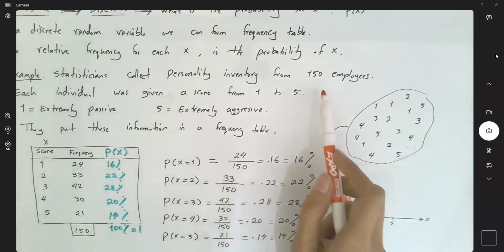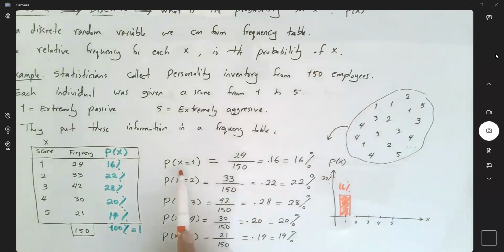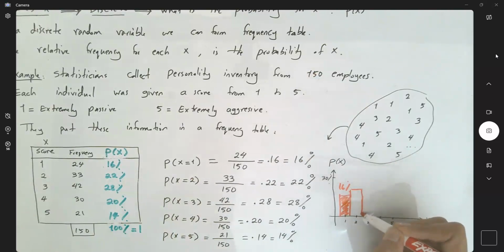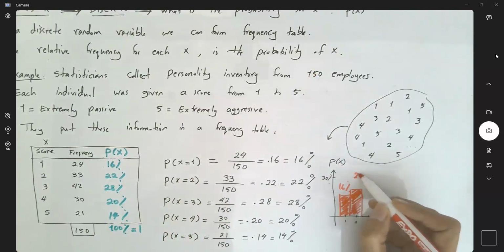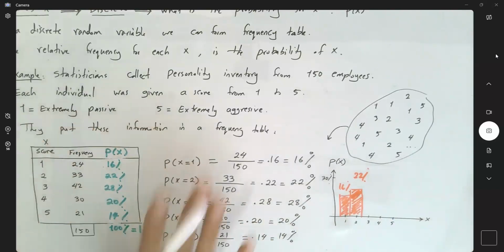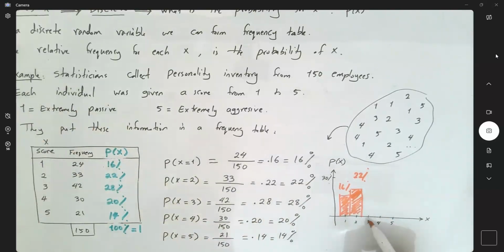This is 16%. 16% of 150 employees scored 1. The probability for 2 is 22%, so let's just move it a little bit up. 22% of all employees got score 2. Is it a good thing? Is it a bad thing? It's not for us to analyze. It's for the company who ran this test. Score 3, 28%.